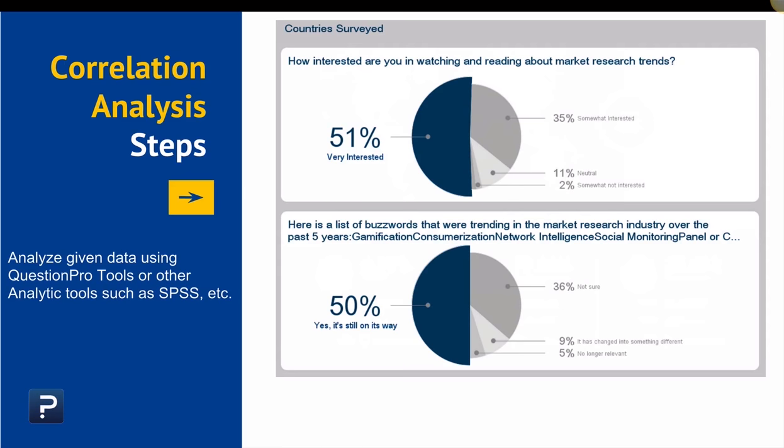And then the other almost 36% said that they're really not sure. They're not sure where it's going to go. And then, of course, there's others, the 9% has changed into something different. And then others thought it was not very relevant. But that piece of the pie is significantly smaller.